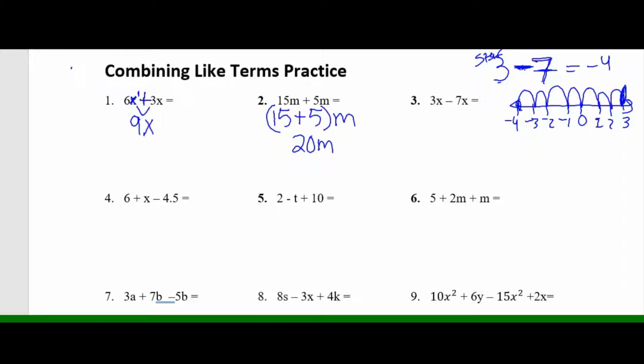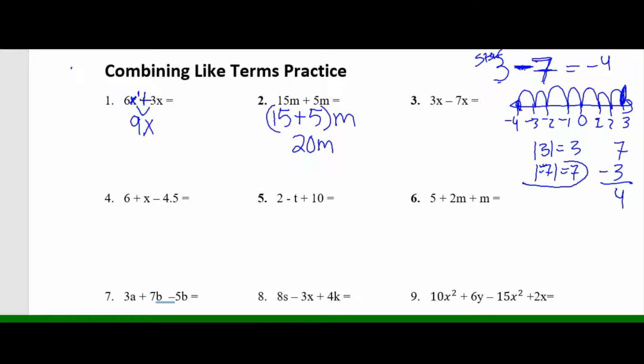Or you can say, okay, the absolute value of 3 equals 3. The absolute value of negative 7 equals 7. So I'm going to take the one that's larger in absolute value, which is 7, minus the one that is smaller in absolute value, which is 3. 3 from 7 is 4, and I'm going to keep the sign of the one that's greater in absolute value.